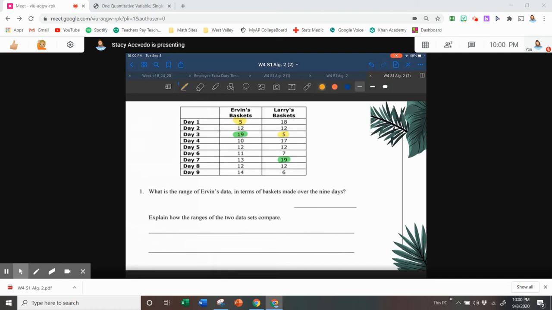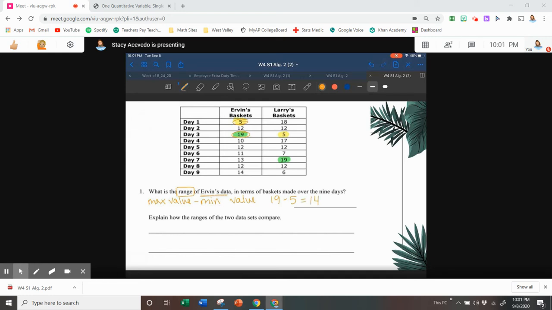So we can find the range of Ervin's data by taking our max value minus our minimum value, which is 19 minus 5, which is 14.